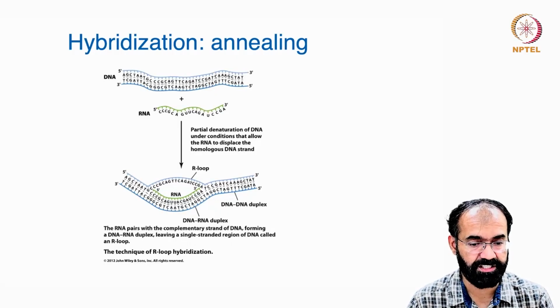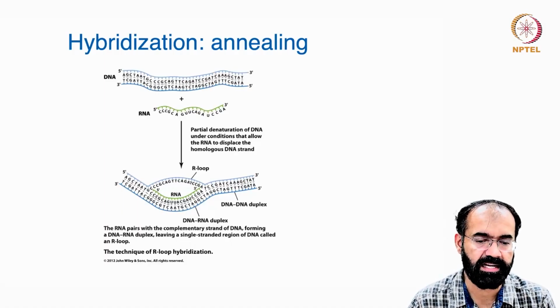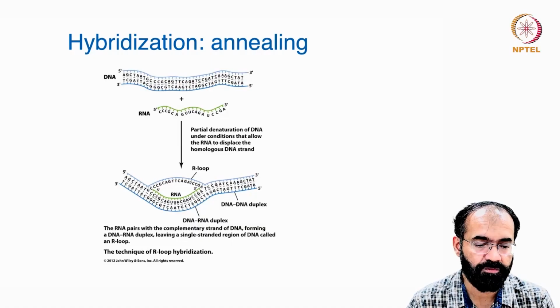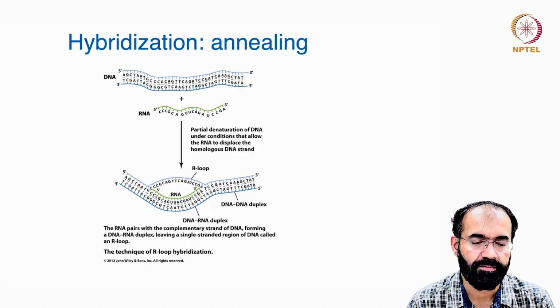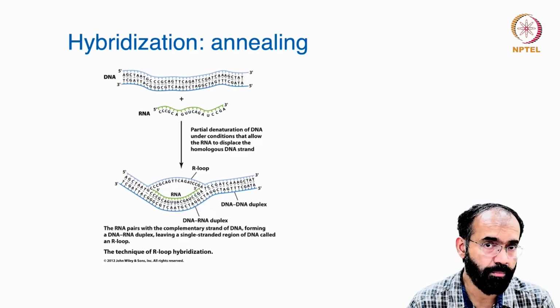So there is partial denaturation of the DNA under conditions that allow the RNA to displace the homologous DNA strand. What happens is that you have an RNA and it finds a place where it can bind, and the unwanted region will loop out. This is a normal thing, because once you denature the DNA, if RNA is bound there, the DNA can't bind.